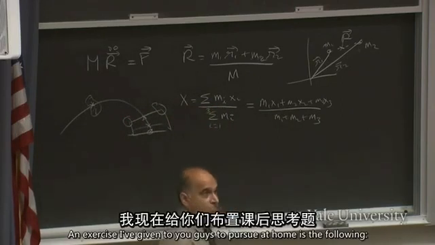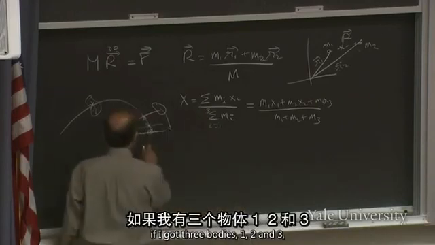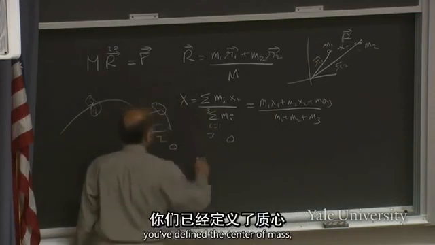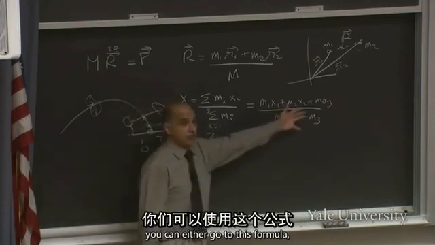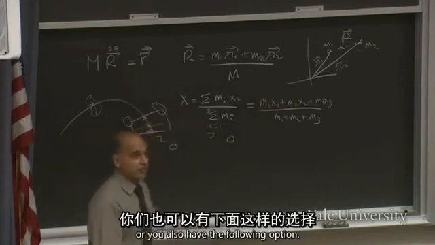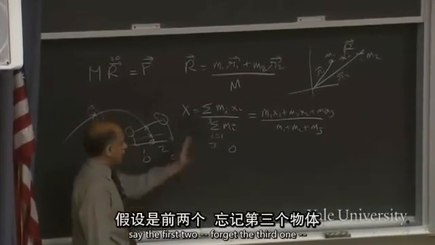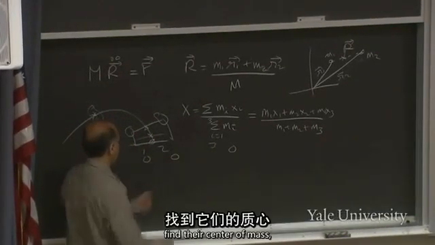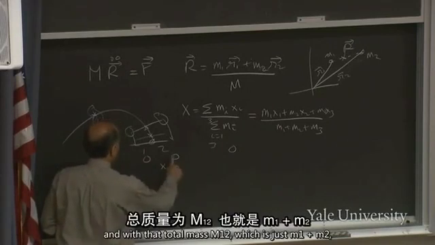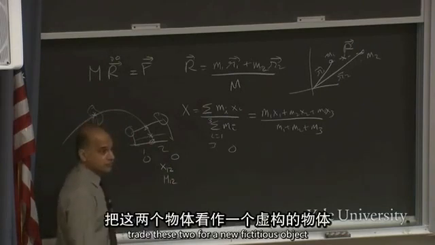An exercise I've given to you guys to pursue at home is the following. If I've got three bodies, 1, 2, and 3, to find the center of mass, you can either go to this formula, do all the m1 x1s and add them up, or you also have the following option. You can pick any two of them, say the first two. Forget the third one, take these two, find their center of mass, let's call it x12, with that total mass M12, which is just M1 plus M2.